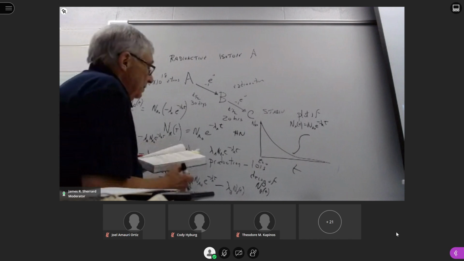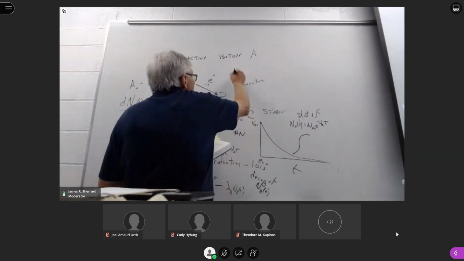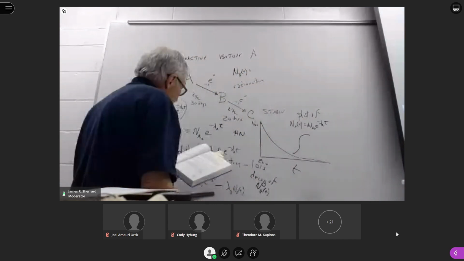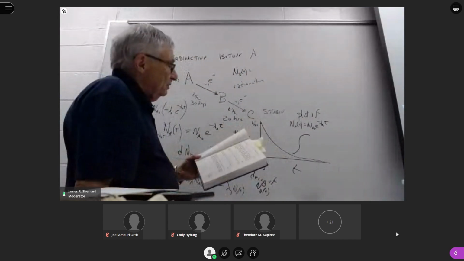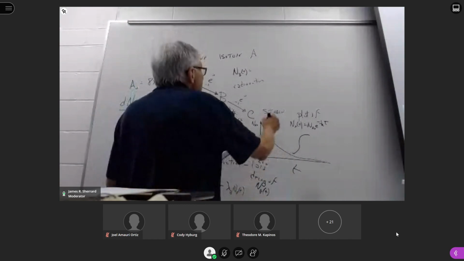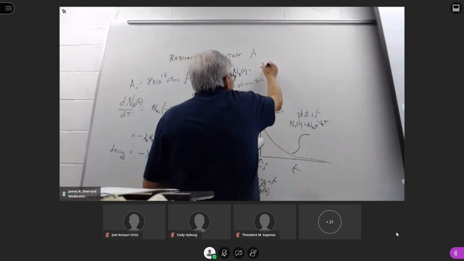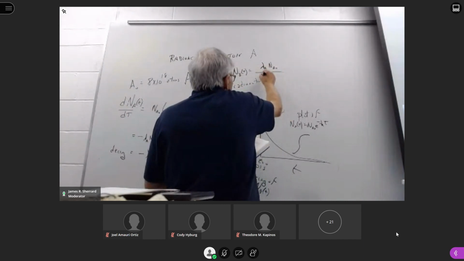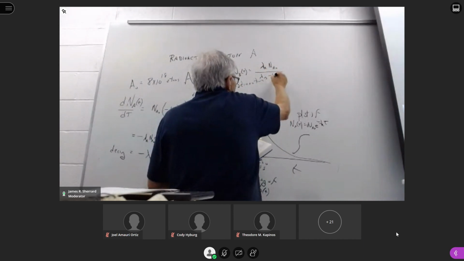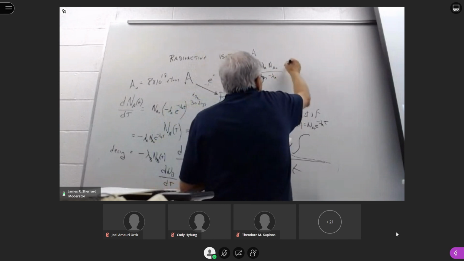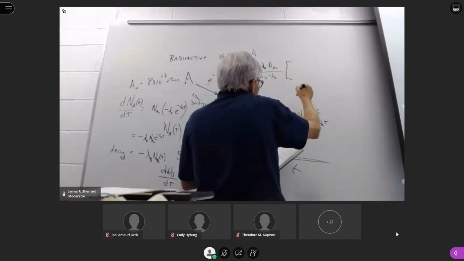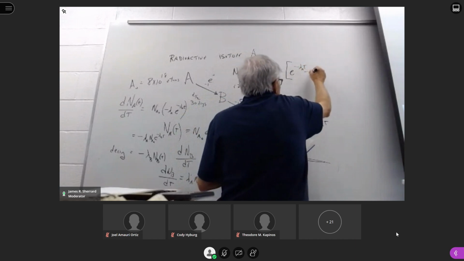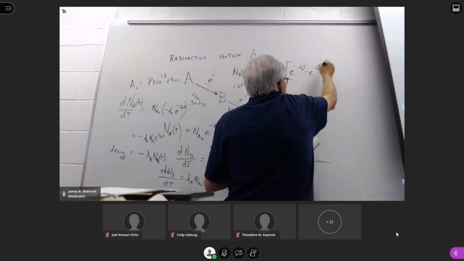The answer for this comes out to be number of B's with respect to time is equal to, and you can follow the math on page 59 and 60, lambda A times NA0 divided by lambda B minus lambda A, all of this times e to the minus lambda AT minus e to the minus lambda BT.